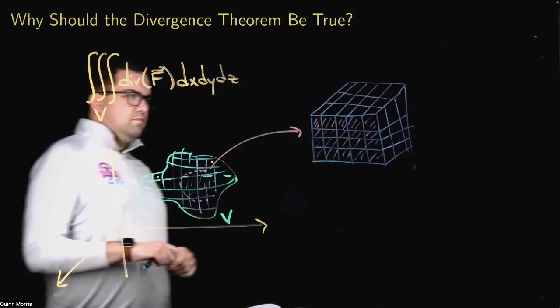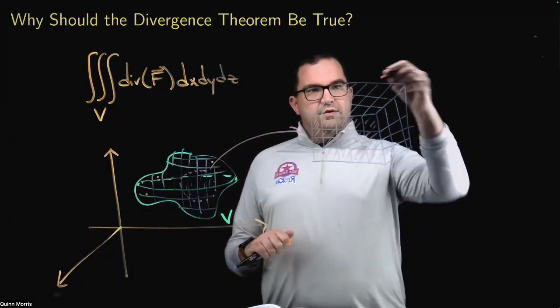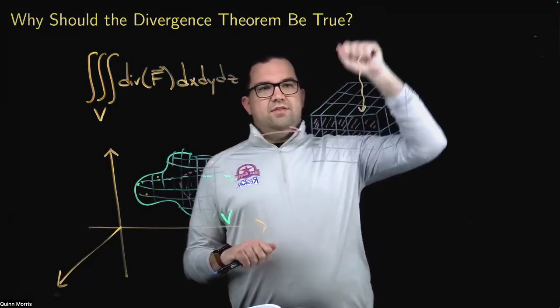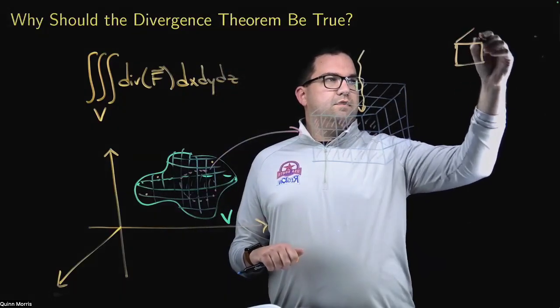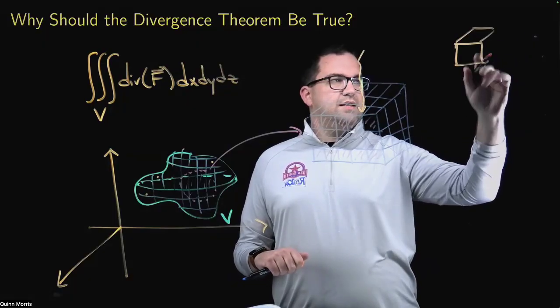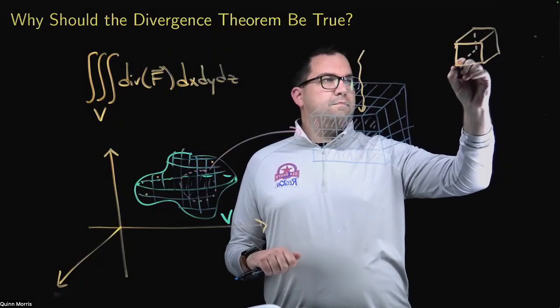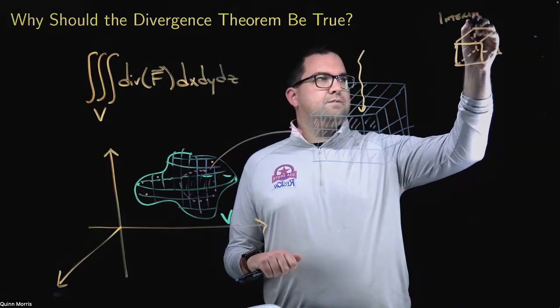All right. So first, let me imagine I go somewhere down inside and pick something out of the middle that's not on the surface. I pick out one of these little guys that's totally in the interior. Okay, so this is my interior piece.